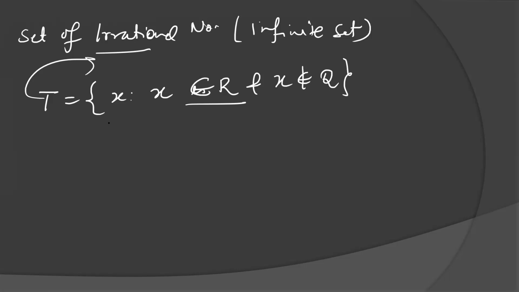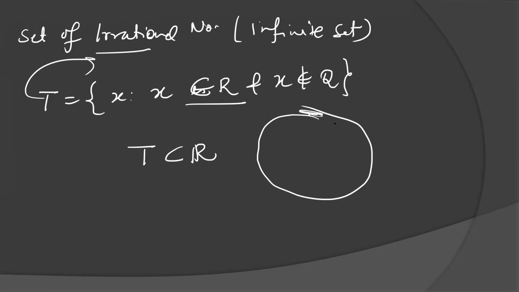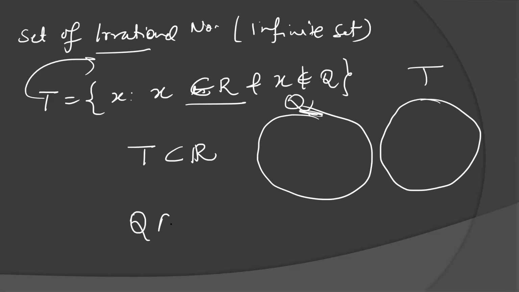That will be the set of irrational numbers, and it is also a subset of real numbers. But if you see the real numbers, rational numbers, and irrational numbers, the intersection of rational and irrational is a null set. We will study this notation in another lecture.